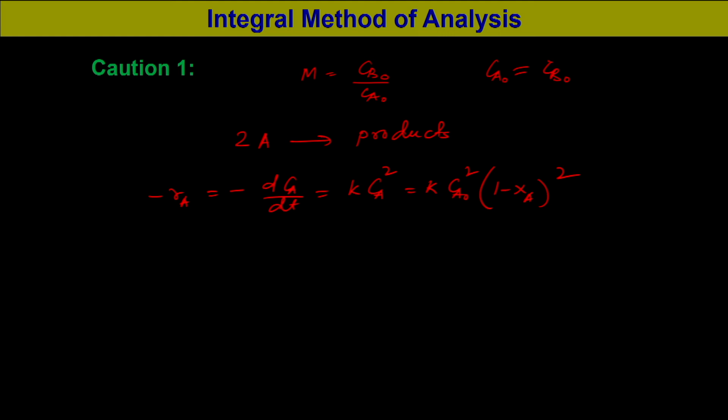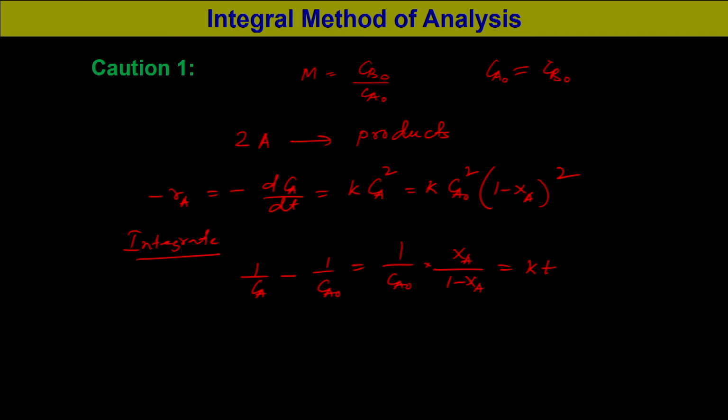Now, if we integrate this expression, then we will obtain 1 by Ca minus 1 by Ca naught would be equal to 1 by Ca naught into Xa by (1 minus Xa), which is equal to kt.